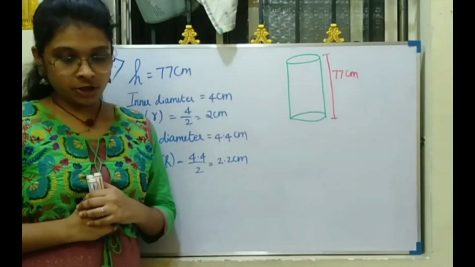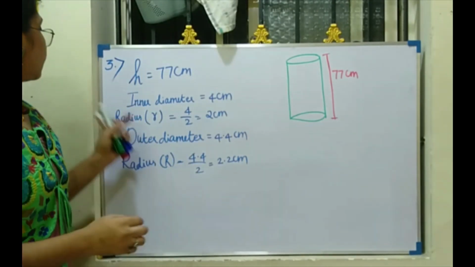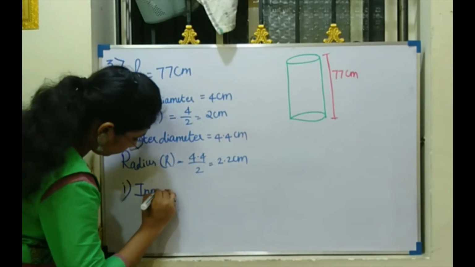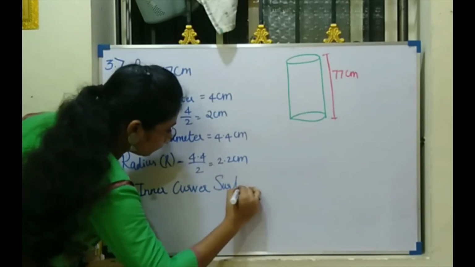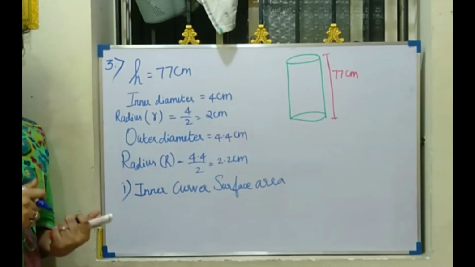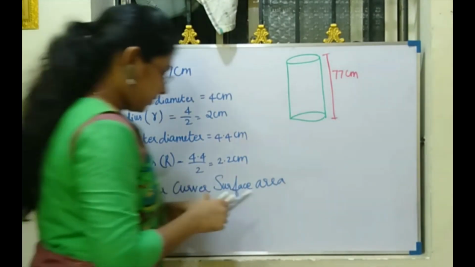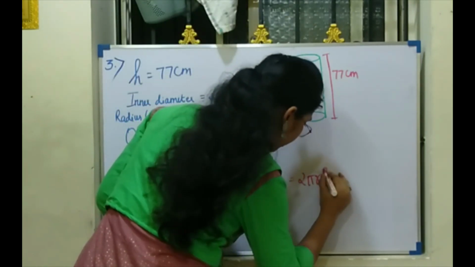The first subdivision of the question is we have to find the inner curved surface area by using the height and the small r. What is the curved surface area of cylinder? Yes, 2 pi rh.